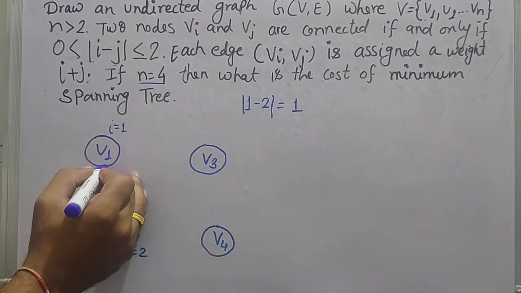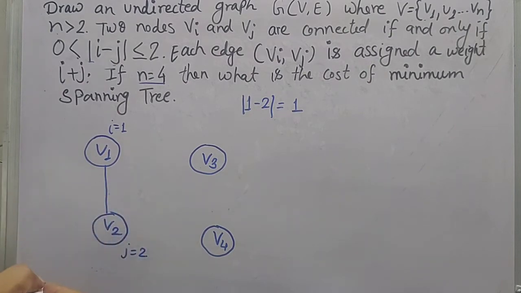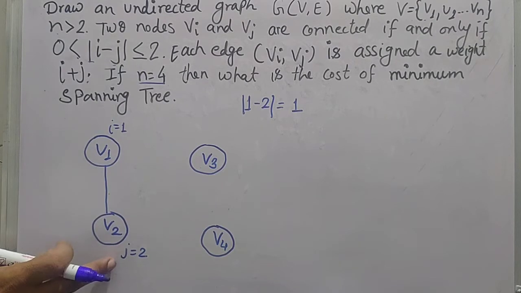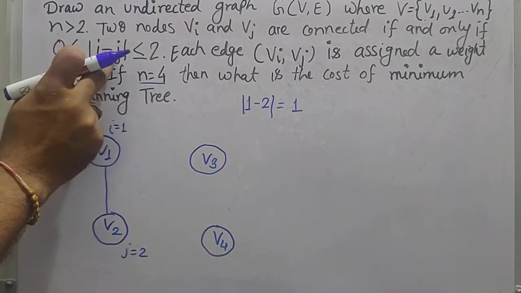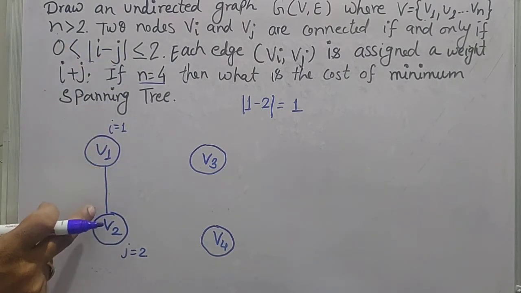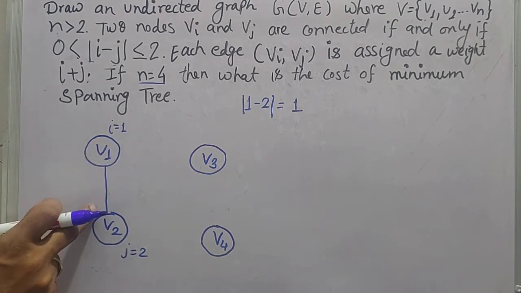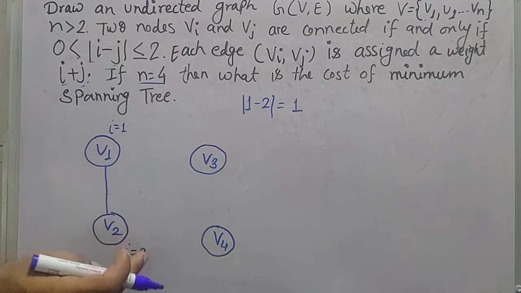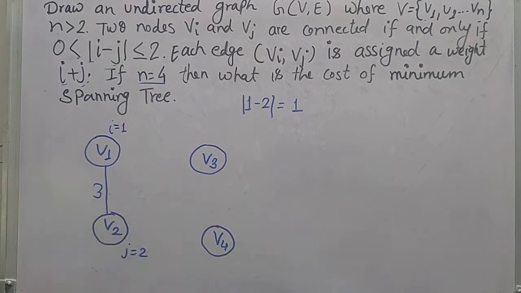This means this edge will exist, and every edge will have the weight i plus j, so 1 plus 2, the weight of this will be 3.